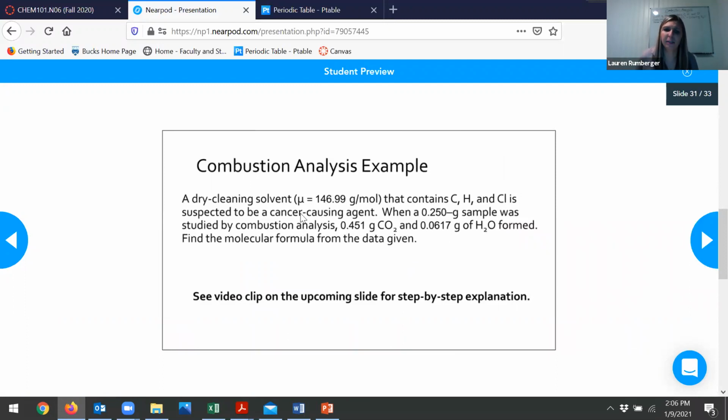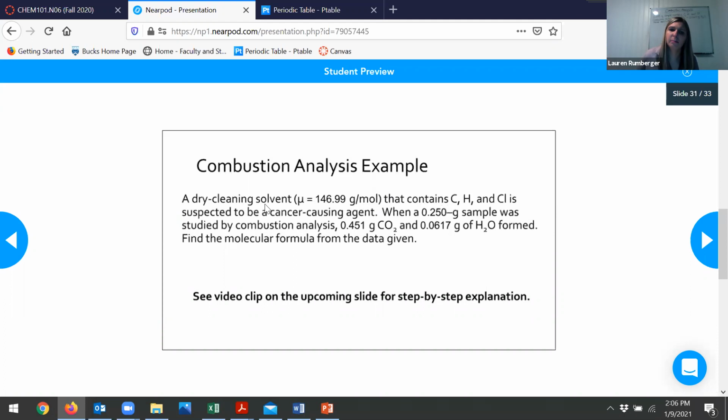When you progress to your next slide, you're going to see this example. It says a dry cleaning solvent, which has a molar mass, and this symbol represents molar mass, equal to 146.99 grams per mole, contains carbon, hydrogen, and chlorine. Therefore, we would call this a functionalized hydrocarbon.